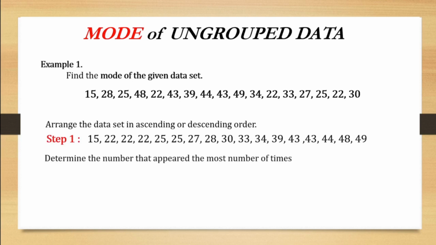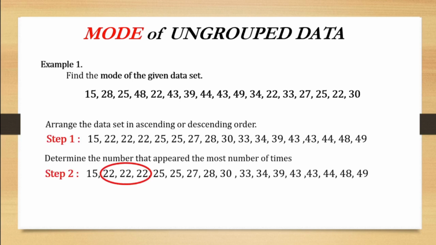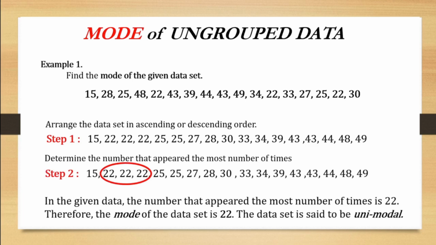Then the second step, determine the number that appeared the most number of times. In the given dataset, the number that appeared the most number of times is 22. Therefore, the mode of the dataset is 22. The dataset is said to be unimodal.